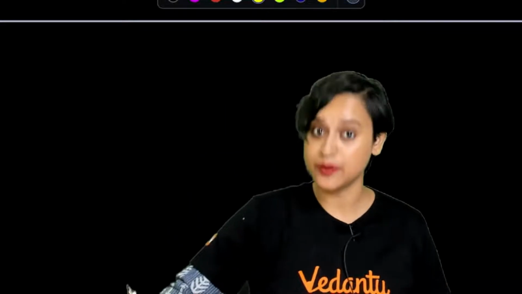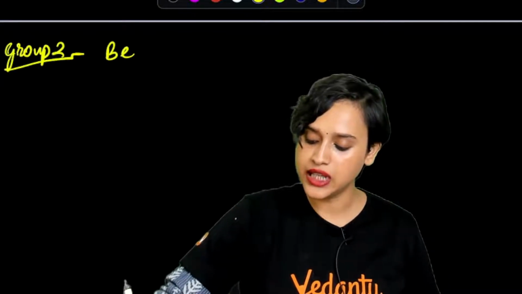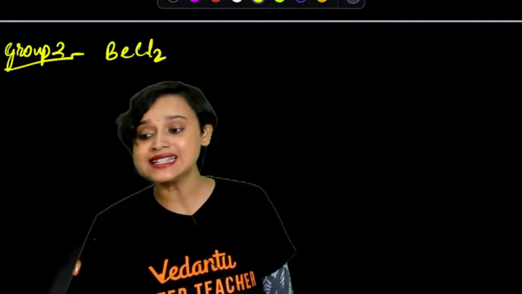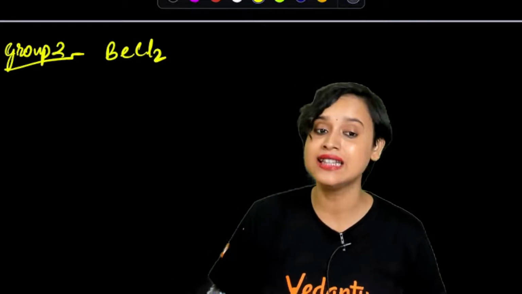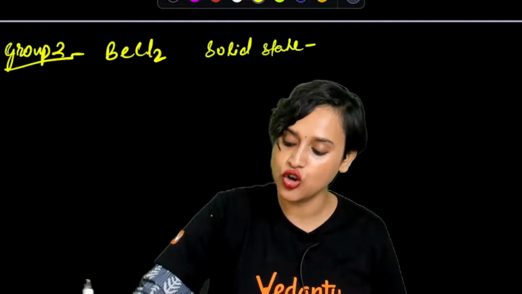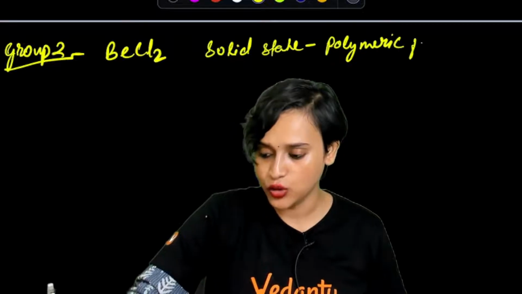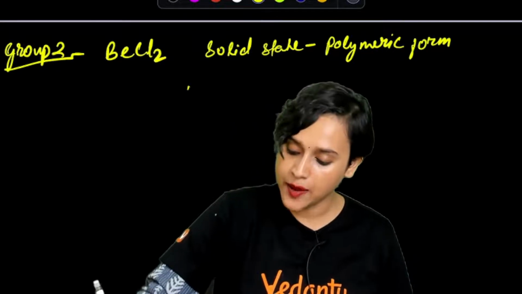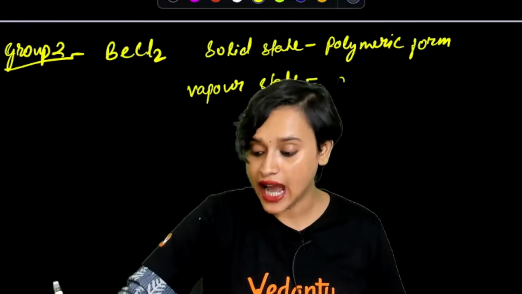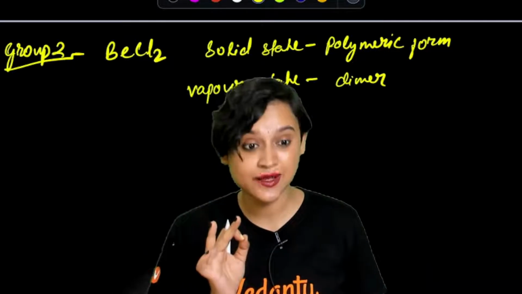Now in group 2, this is important. In group 2, you get to see the BeCl2 formation. Just like how AlCl3 exists, BeCl2 in solid state shows a polymeric form. In vapor state, it forms a dimer. It also does exist as a monomer, by the way.